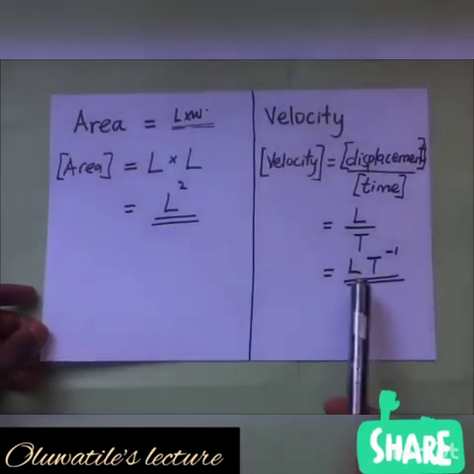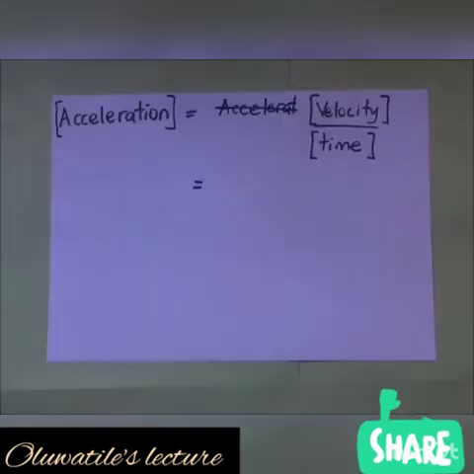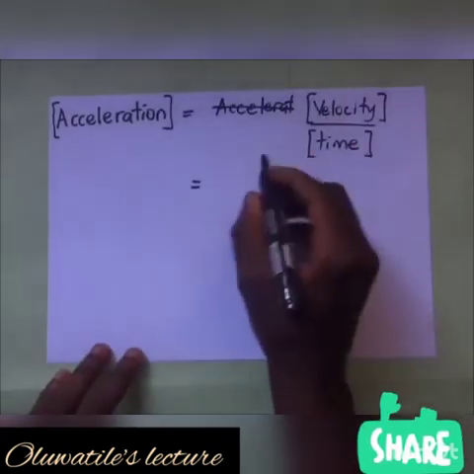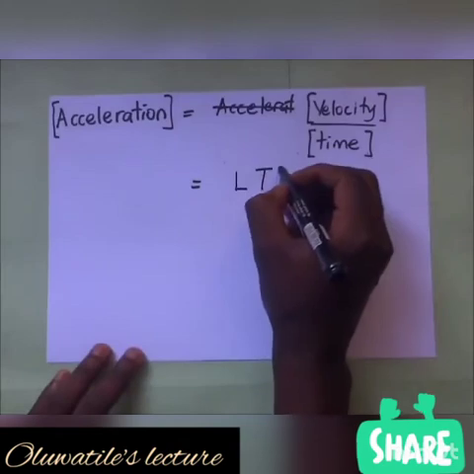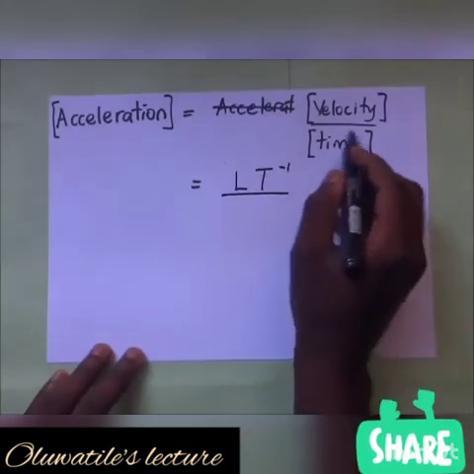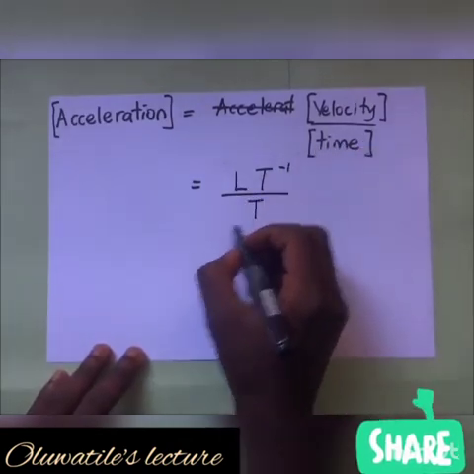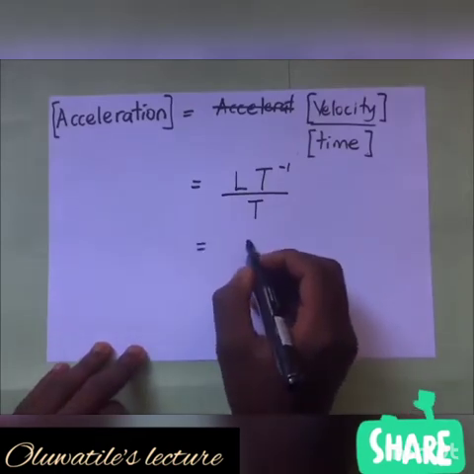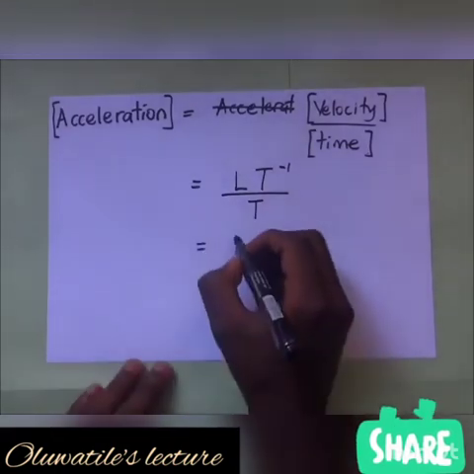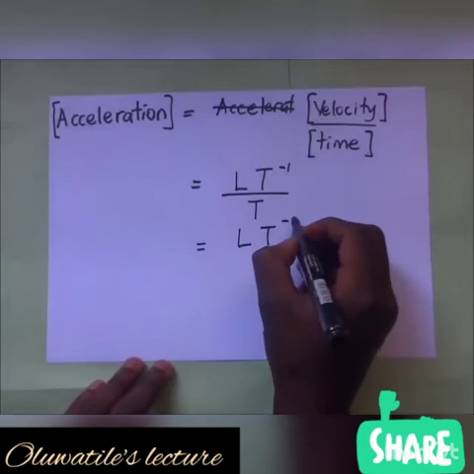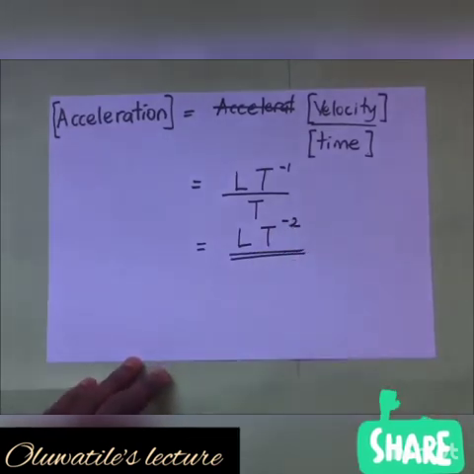The dimensions of velocity are L T to the power negative 1. We got those before. Divide that by the dimensions of time, which is T. So our answer here is going to become L T to the power negative 2. And those are the dimensions of acceleration.